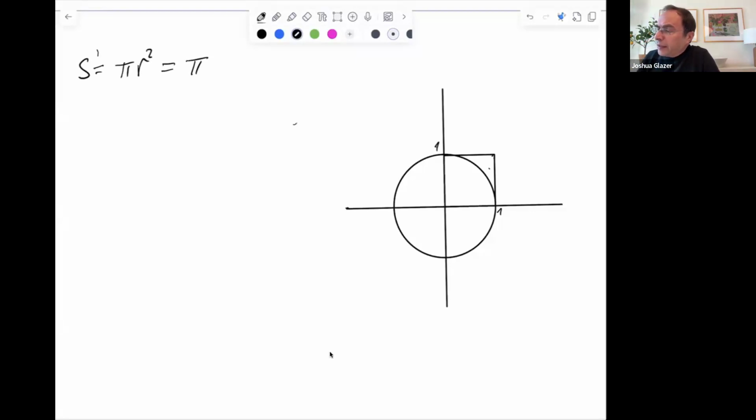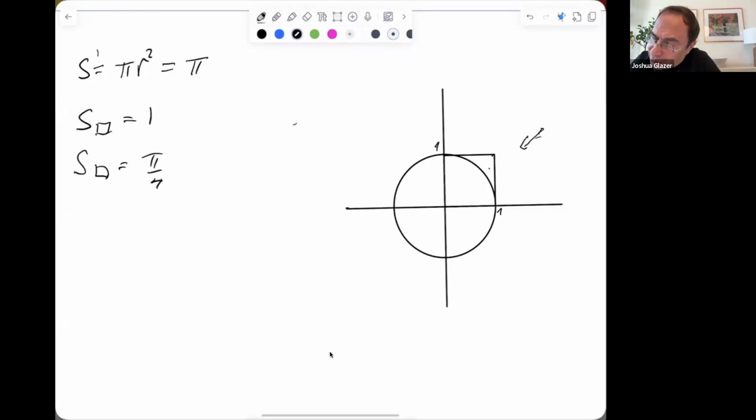But let's make it more interesting now, and let's look at the square here on the top right. You all agree with me that the area of the square is simply 1. And the area of the quarter of a circle is, of course, pi over 4.